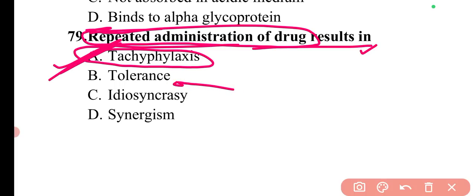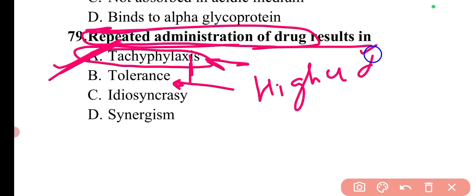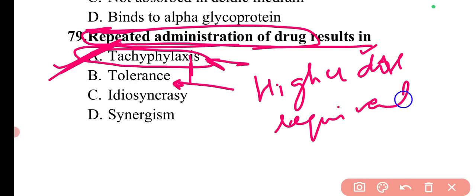Tolerance is also due to repeated administration, but if they haven't specified anything regarding the output or the reason, then you can simply mention tachyphylaxis if both are given. If only one is given, then it is fine. And if they have simply mentioned that a higher dose requirement will fix this condition, then it will be tolerance only.